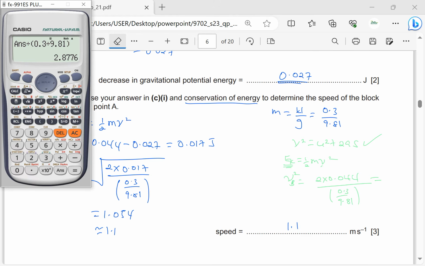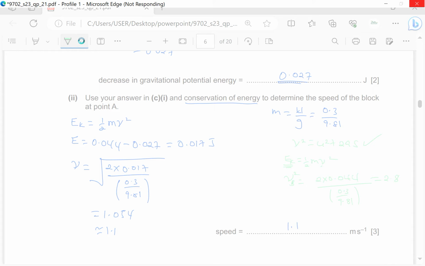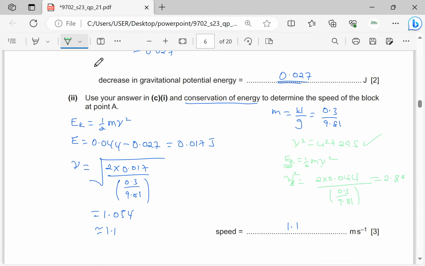So v squared is 2.88 meters per second. Sorry about this, my machine is now having issues. So it is 2.88, so that is v squared.